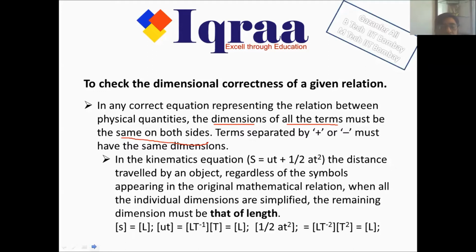Velocity is LT^-1 and t is time, so the dimension is T, and it comes out to be L. For half at square, a is acceleration, and acceleration has the dimension of LT^-2. T square will be written as T^2. Half is a constant, we'll ignore it, and so it again has the dimension of L. So basically what we see is we have verified that S = ut + half at square is dimensionally correct.